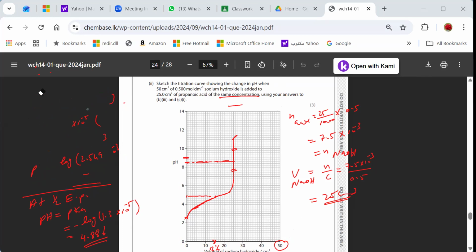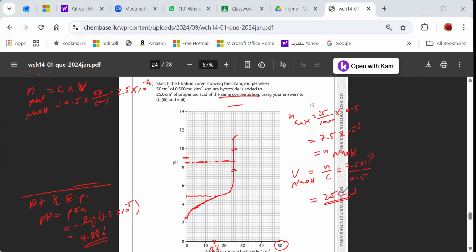So we get the number of moles of the total sodium hydroxide added, which is equal to concentration times volume, which is 0.5 times 50 over 1,000. So we get 2.5 times 10 to the power minus 2, I think.